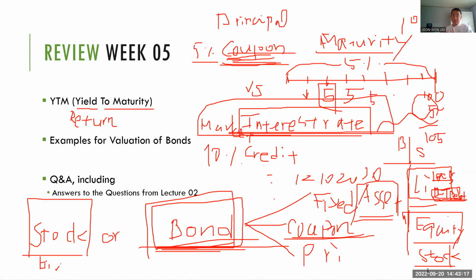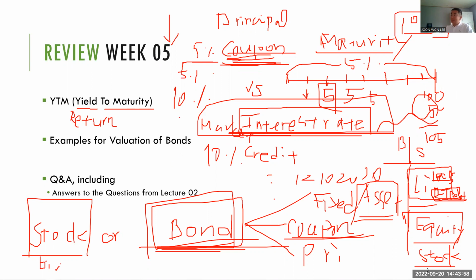If you invest $100 at the current interest rate, you can make $10 per year, but if you receive only $5 on 100, then you are going to lose $5. So the price of the bond should compensate for this loss of $5.